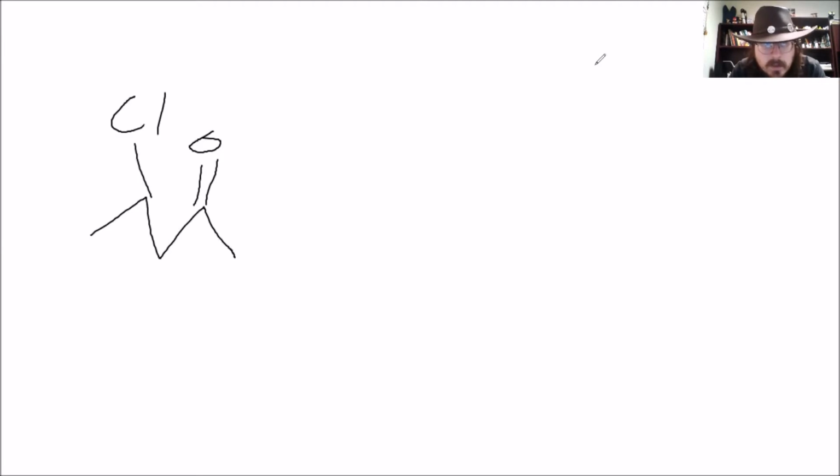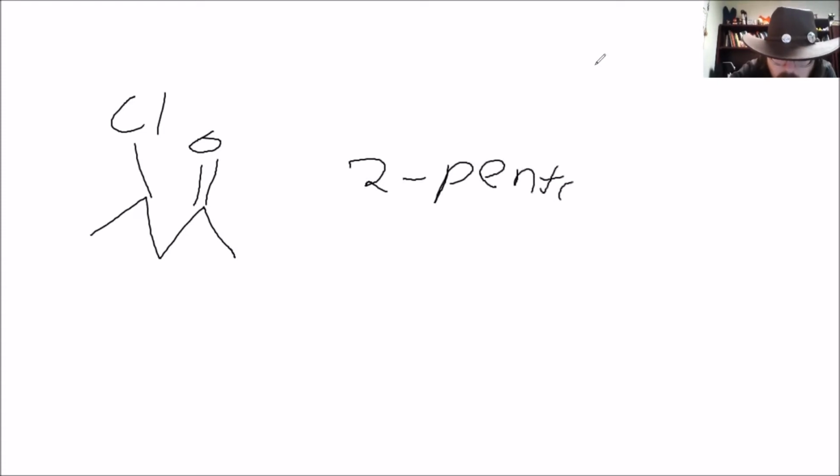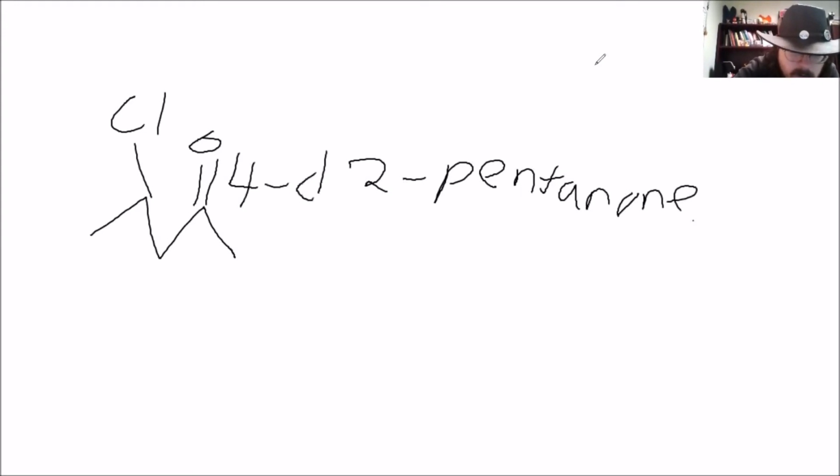So we have a ketone and a halide. Ketone's going to take preference. So let's see how big the structure is. 1, 2, 3, 4, 5. So it's a pentanone, 2-pentanone. Now this is a chloro. Chloro comes at the 4. So 4-chloro-2-pentanone.